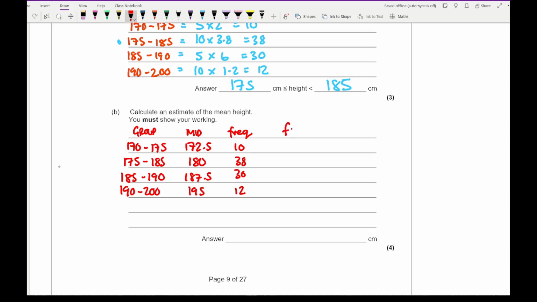The next thing for me to do is to work out the fx, in which I just multiply these numbers together, and it equals the fx values, in which I should end up with 1725, 6840, 5625 and 2340.